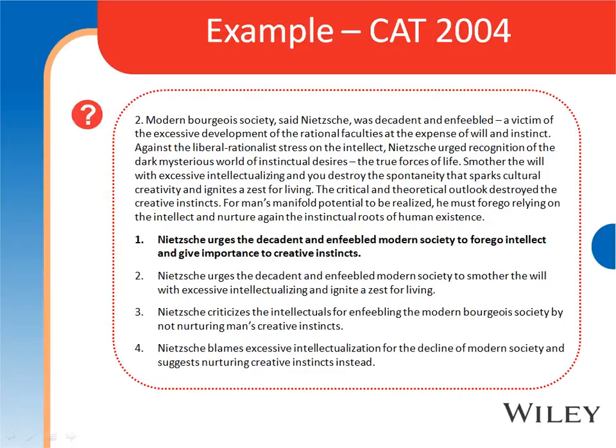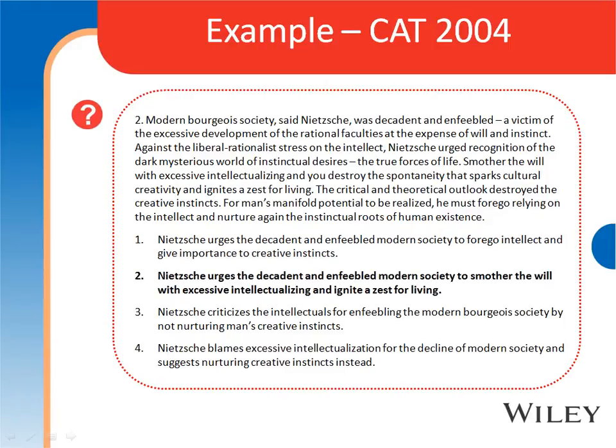Otherwise, everything else is fine, right? Let's look at the second option. It urges, so again, as you can see, there is similarity, right? To smother the will with excessive, no. Nietzsche, in fact, urges us not to smother the will. When you smother the will, you destroy the spontaneity. So 2 is going against the main idea completely, so that is out.